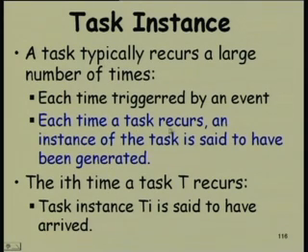Each time the task recurs, a new instance is said to have been generated, and we will use the terminology: if T is the task, the ith time it recurs, we will call it Ti.